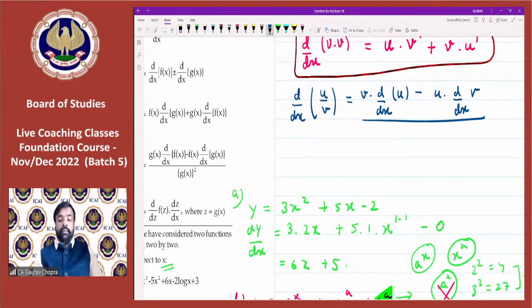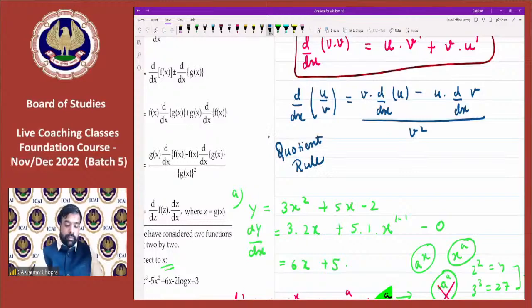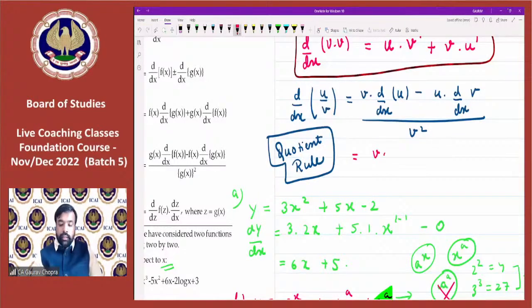And then whole divided by square of denominator, that is v square. So this is the formula for quotient rule. So in short, we can write them as v u dash minus u v dash divided by v square. So this is the formula to be applied whenever two functions are getting divided.